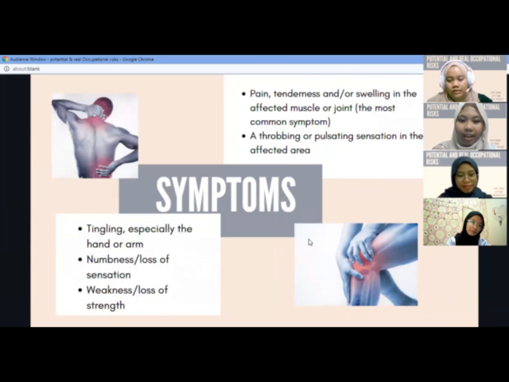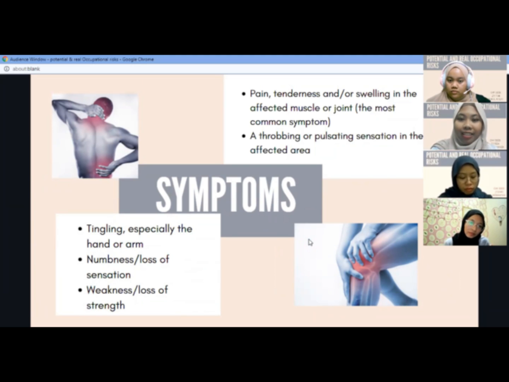So first, how can we detect if we have symptoms of repetitive motion injury? First, we can feel pain and tenderness or swelling in the affected muscle or joint, which is the most common symptom. Next, a throbbing or pulsating sensation in the affected area.